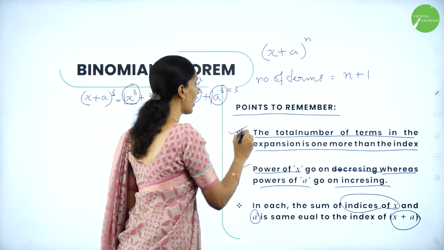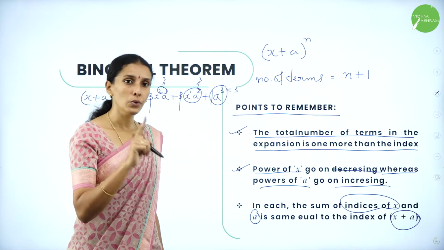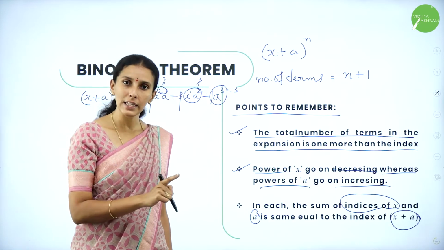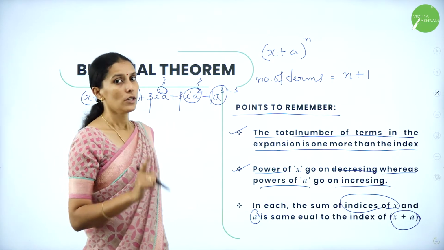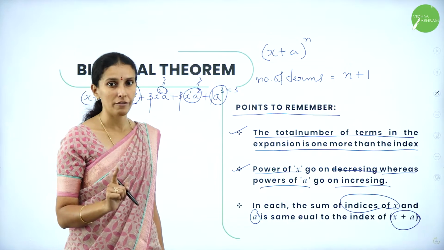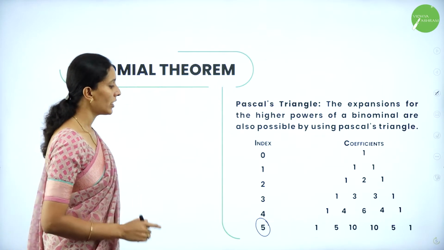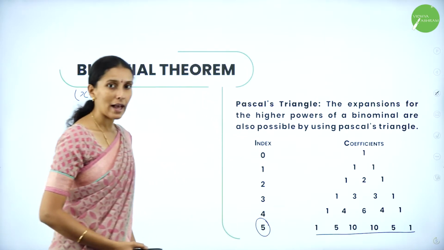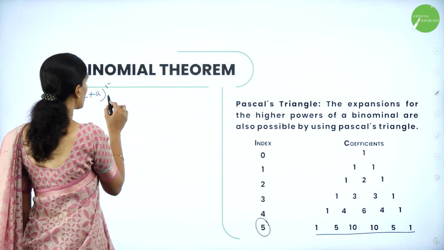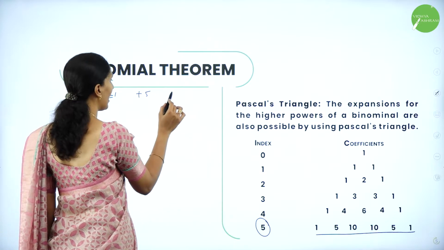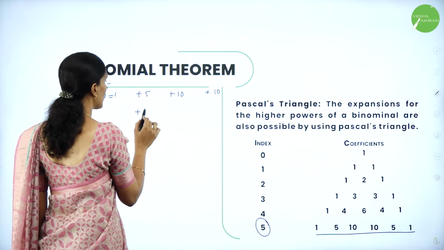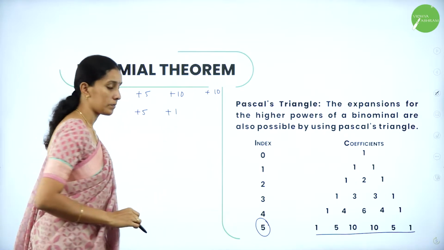The first point says if you have 2 as an index, you will have 3 terms. If you have 5 as an index, you will have 6 terms. Therefore, there will be 6 coefficients. So what are the coefficients? Just look at the Pascal triangle. When you have power 5, the coefficients will be 1, 5, 10, 10, 5, 1.